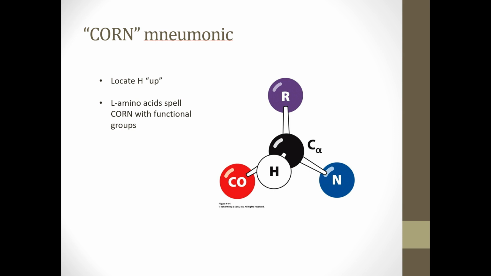Really slick mnemonic where if you put the proton upward facing towards you and you have your carboxylate, your amino group, and your R group, and you look like you're turning right with a steering wheel, going clockwise, you spell CORN. So, not too bad. Not too bad at all. That is also not an uncommon thing to be asked of during standardized exams.